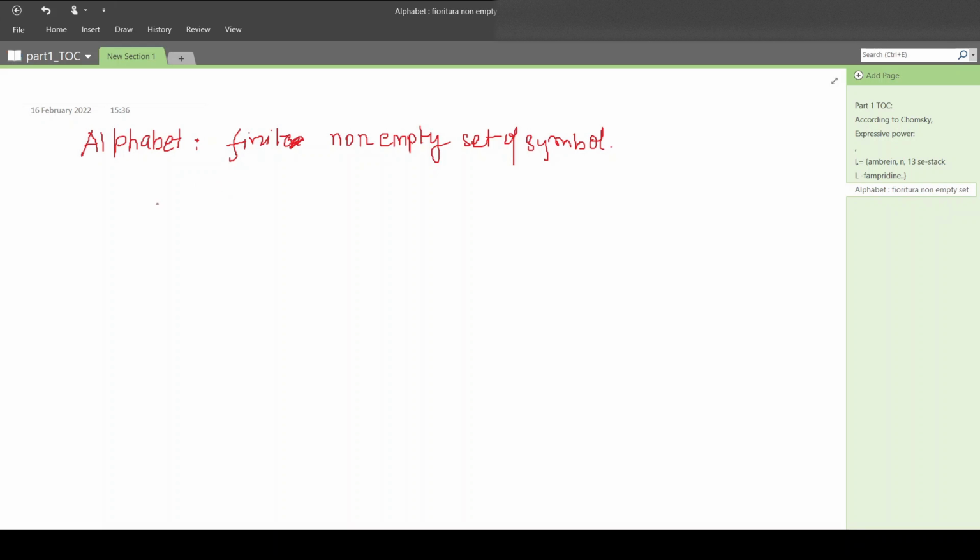When we talk about strings, strings are a collection of symbols over a given alphabet.